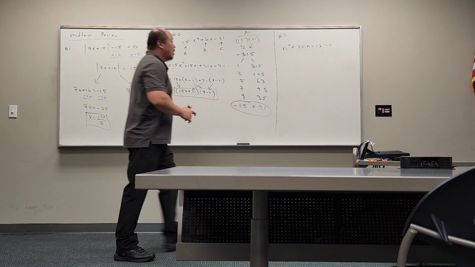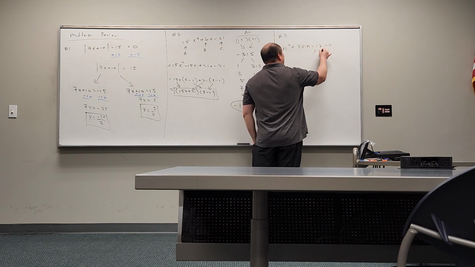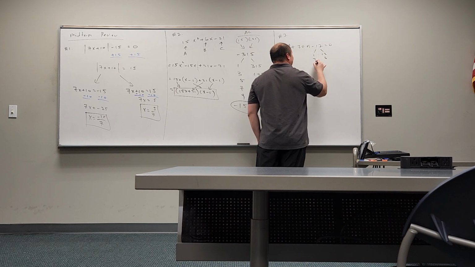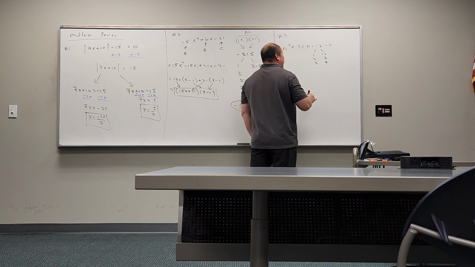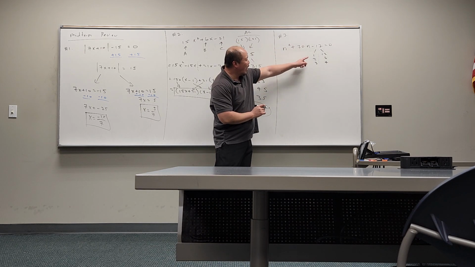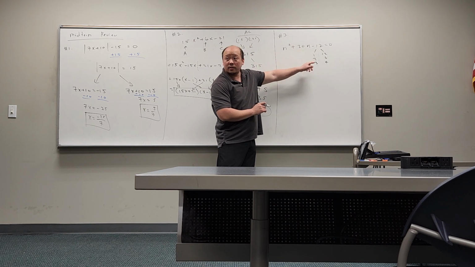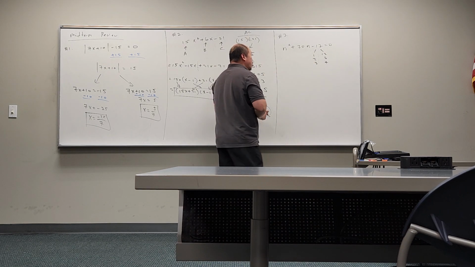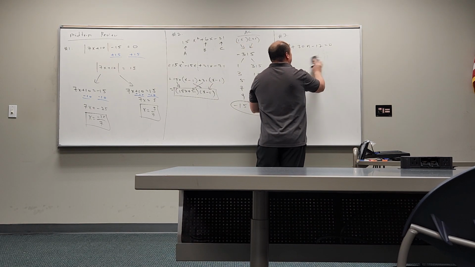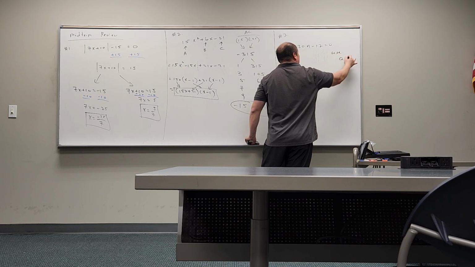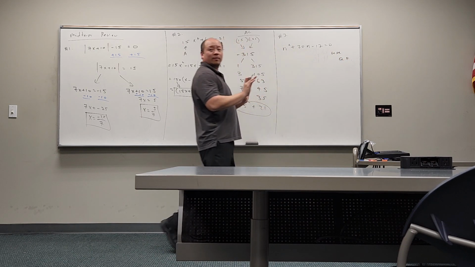For this guy, 12 is simply 1 times 12, 2 times 6, and 3 times 4. But you are never gonna get 20 out of these guys. So you can use the quadratic formula, QF. I always do QF.